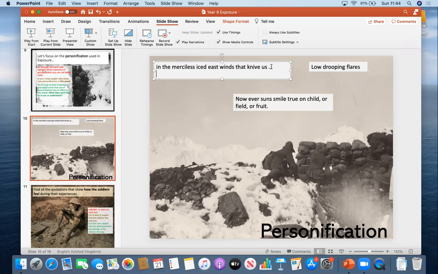We have the word merciless, which suggests that the wind is brutally cold and harsh.